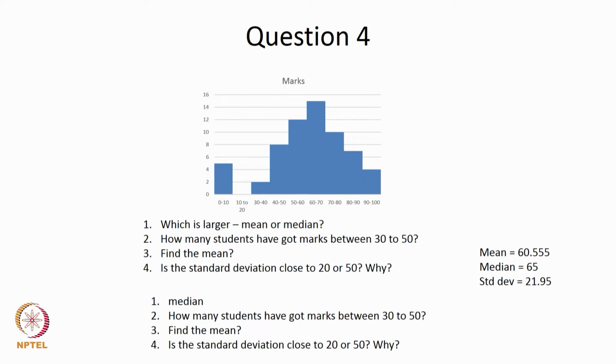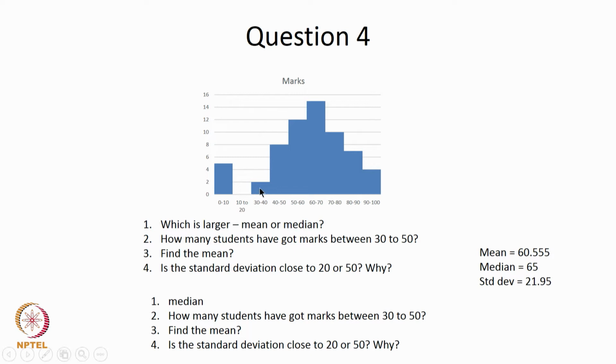A general look at the data gives a feeling that it is skewed a little bit to the left, in the sense that there are more points with higher values on the right hand side, and therefore we could have a case where the median is higher than the mean. The mean would be somewhere here on the left hand side, and the median will be higher than the mean in this case. How many students have got marks between 30 and 50?